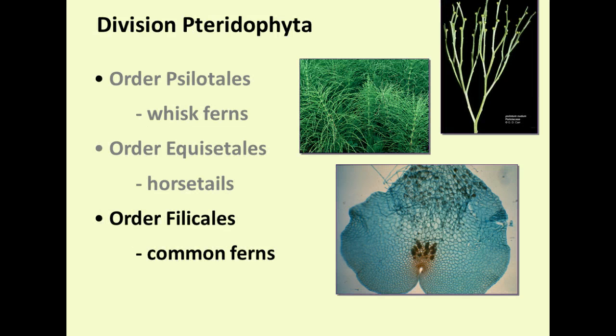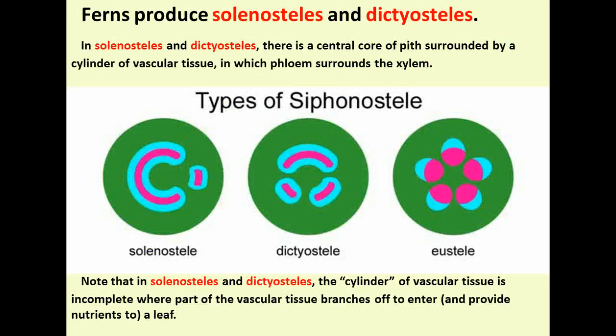Okay, so let's move on to the Polypodiales, the common ferns, which I think are probably the most charismatic of the different types of plants we've been looking at. So ferns are complicated. They produce selenosteles and dictyosteles. In these, they have a central core of pith surrounded by a cylinder of vascular tissue, and the phloem surrounds the xylem.